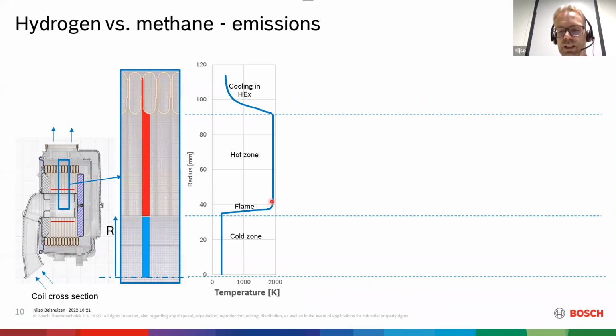And this hot zone will remain at a constant temperature when no further heat losses occur. Then downstream, we have the heat exchanger. And in the heat exchanger, the hot combustion products are forced through narrow gaps between the water channels where the heat is extracted for hot water demand. And the combustion products can then cool down to the water temperature.